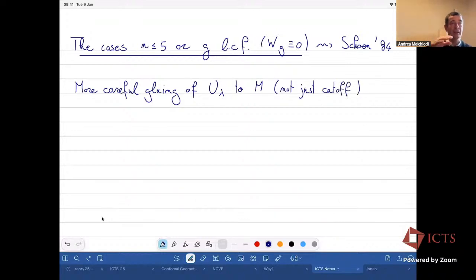Aubin essentially did that construction that I showed, and then used a cutoff. So the cutoffs are not so relevant in high dimensions, okay?